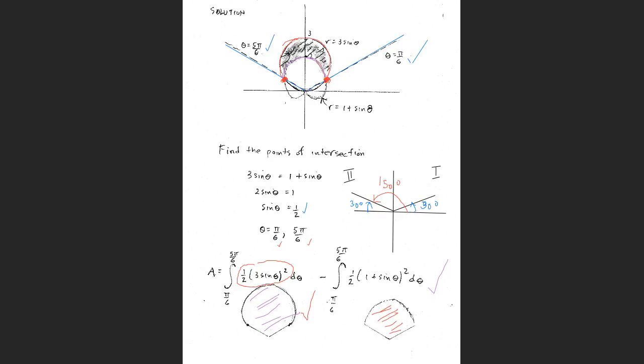On the picture above, if I traced out that area, that would be that area there. And then you're subtracting this area here, which would be the integral where the radius is 1 plus sine theta.